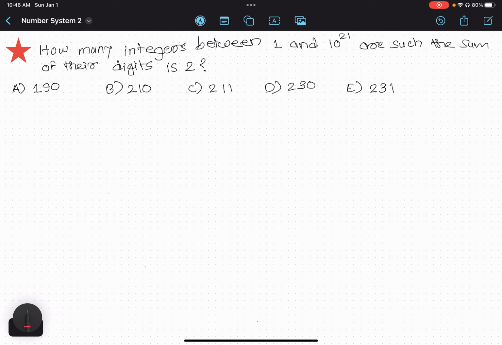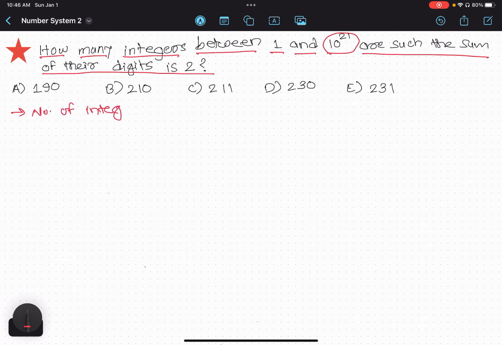This question is saying: how many integers between 1 and 10 raised to 21, which is really a huge range, are such that the sum of their digits is 2? So we have to find the number of integers with digit sum 2.